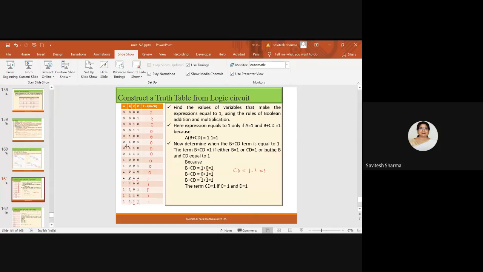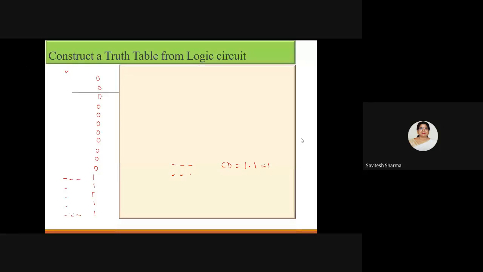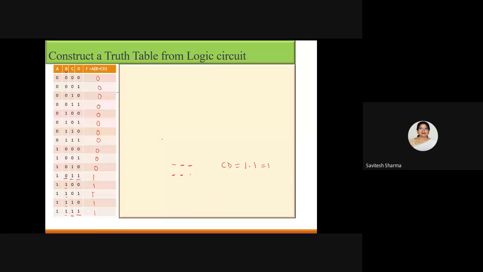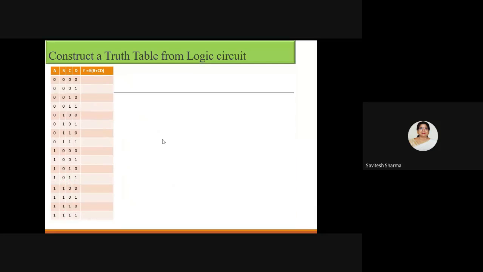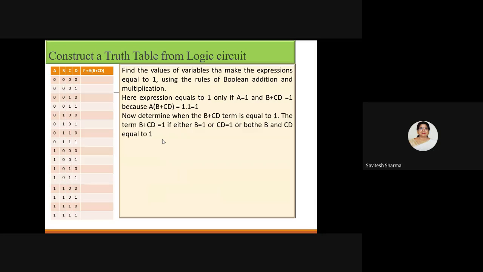So I hope you understand, or shall I take one more example? Shall I take one more example, or do you understand how to come up with the truth table? So finally we got the output.